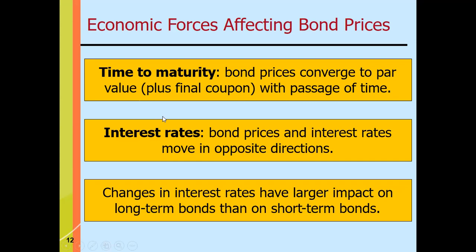Also, interest rates would be a factor. So we have to take note that the bond prices, the fair values or present values, actually are inversely related with the interest rates, such that the higher the interest rates, the lower the present values. They move in opposite directions.